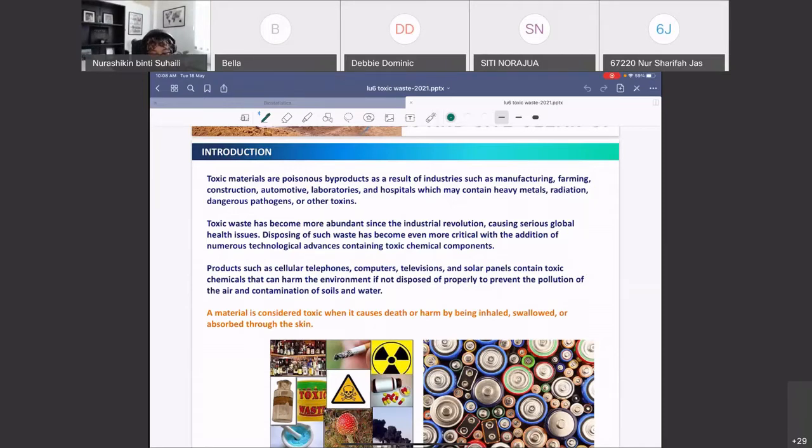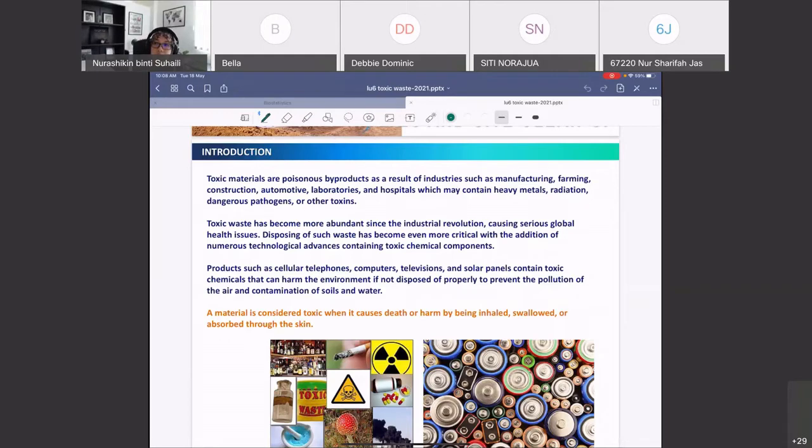Toxic materials are just a generic term, but they can be many forms of dangerous compounds. They have become more abundant since the Industrial Revolution, causing serious global health issues. Disposing of such waste has become even more critical with the addition of numerous technological advances containing toxic chemical components.